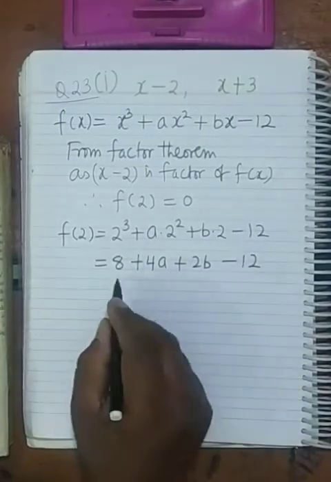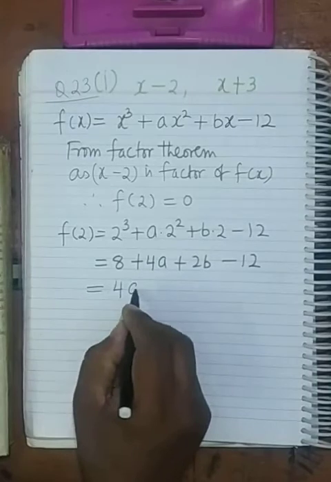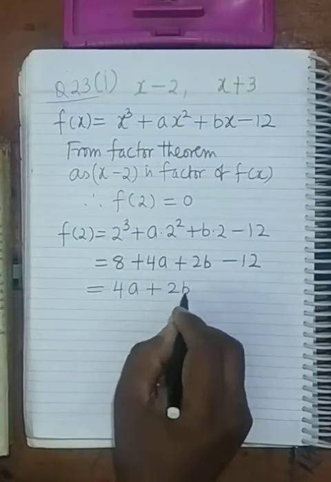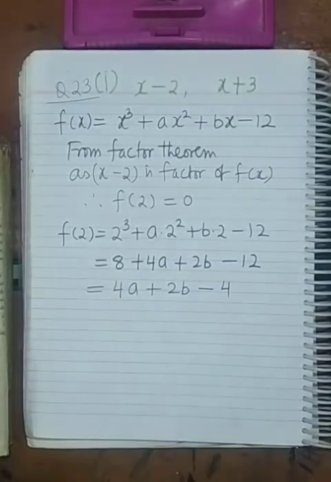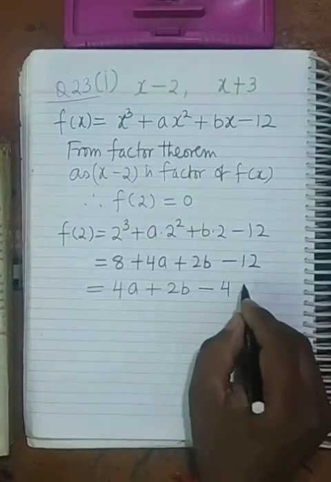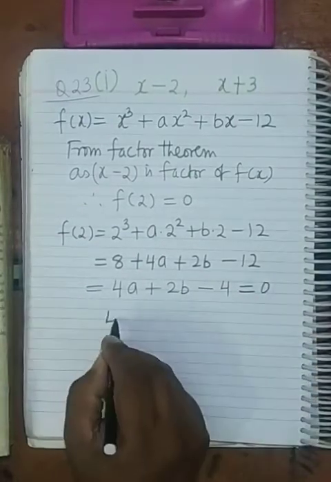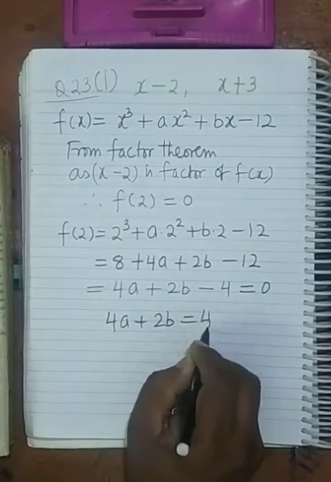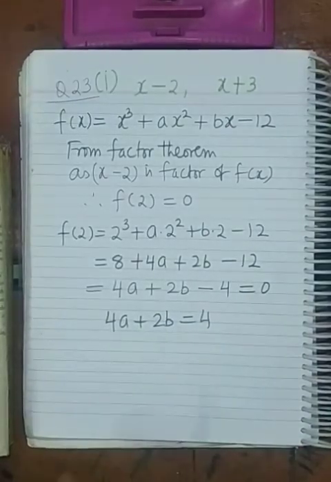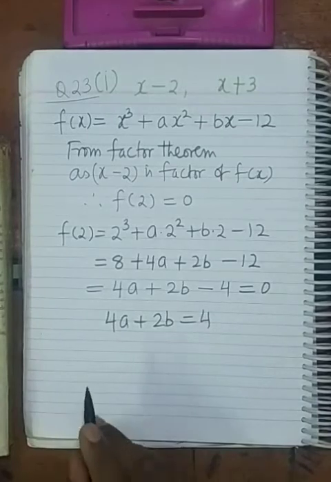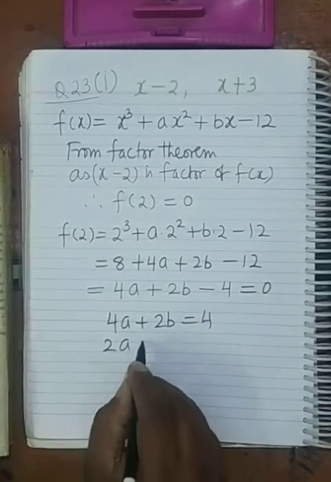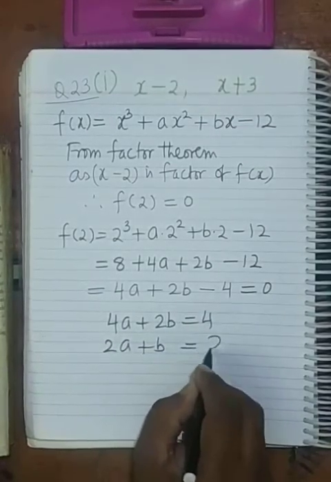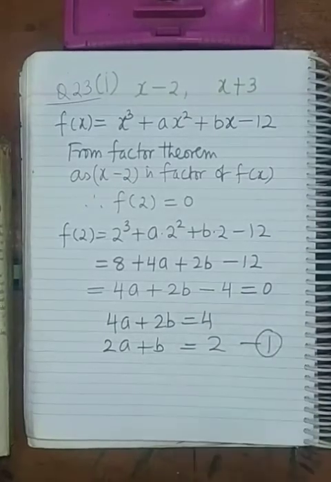When it is further simplified, it comes out 4a plus 2b minus 4. Now this is equal to 0. So you will get one equation in a and b from here. You can further simplify it. You can see here all the terms are divisible by 2. So it will be 2a plus b equals 2. So this is the first equation.